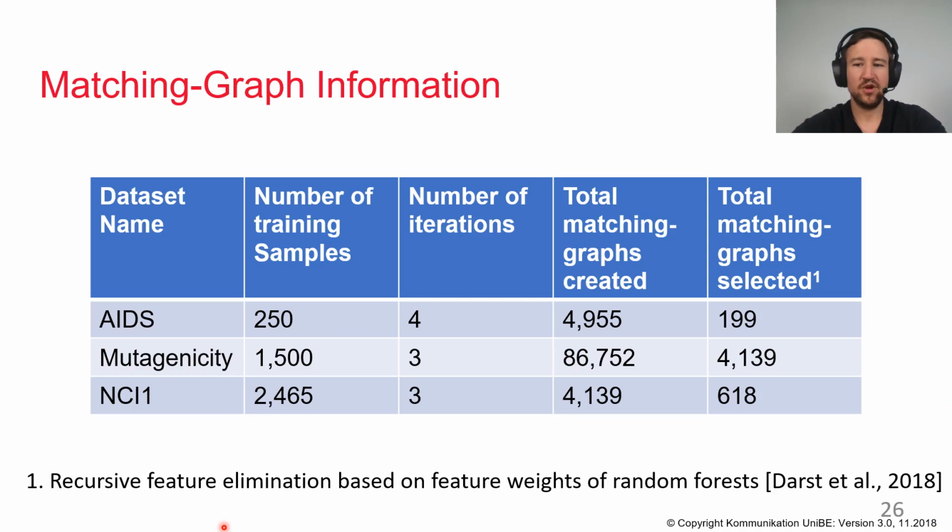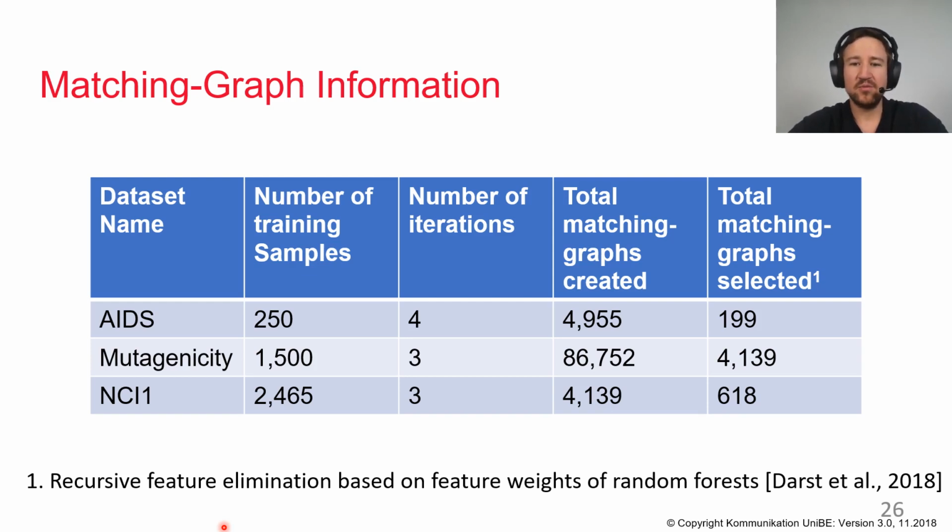Okay, before we get to the results of the experiment, I will show you a small table that shows the relation of the number of training samples for the individual data sets towards the number of iterations used for matching graph building, the total number of matching graphs created, and the total number of matching graphs selected.